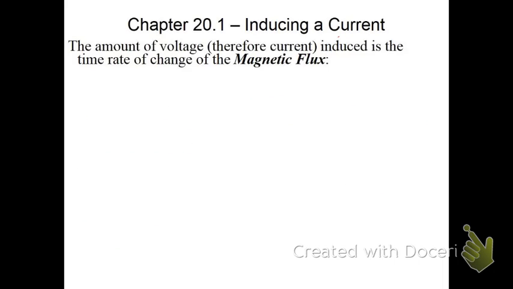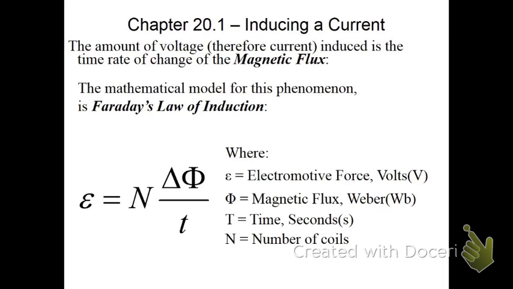So, Faraday's law is verbally, it is the rate of change of magnetic flux that will induce a voltage and therefore a current in a wire loop.